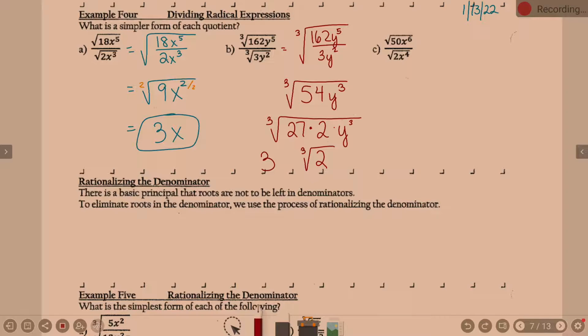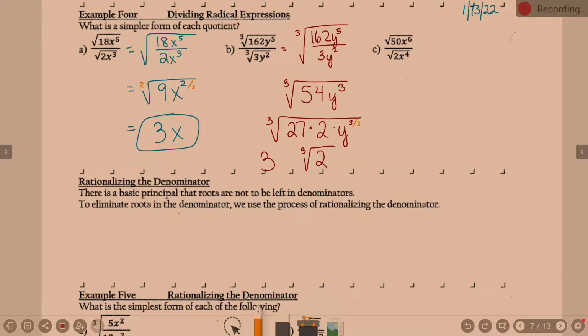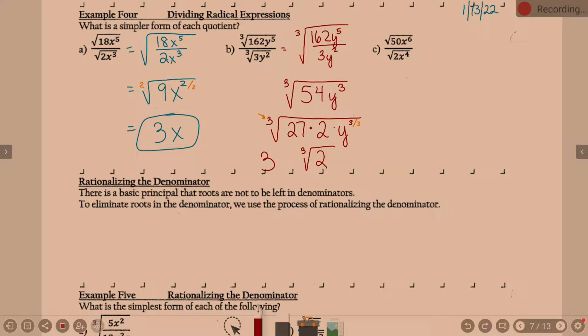What is the cube root of y to the 3rd? Why? Because what are we going to do? We're going to divide that by 3, aren't we? Okay, we're dividing it by this guy over here. And 3 divided by 3 is y to the 1st. Where am I putting that y to the 1st?